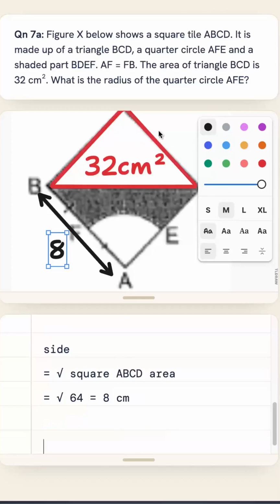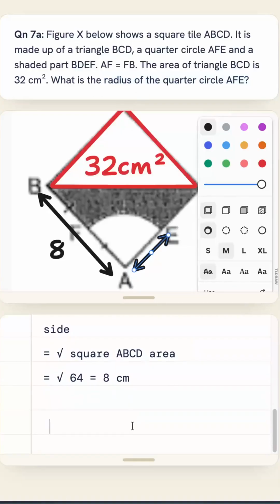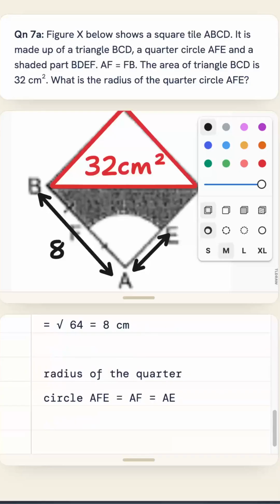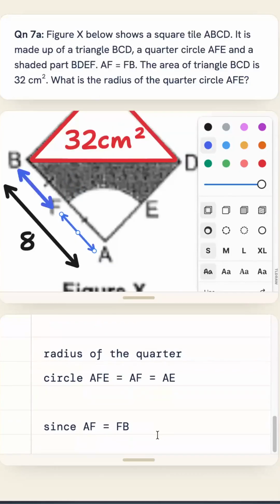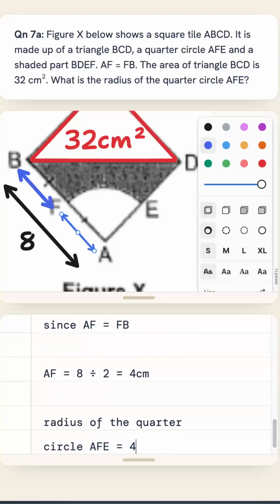So the radius of quarter circle AFE, which is basically AE, is the same as AF and the same as AE. Since AF is equal to FB, because they are identical, that means AF is equal to 8 divided by 2. This will give us 4 centimeters. Since we know AF, that means the radius of the quarter circle will then be equal to 4 centimeters.